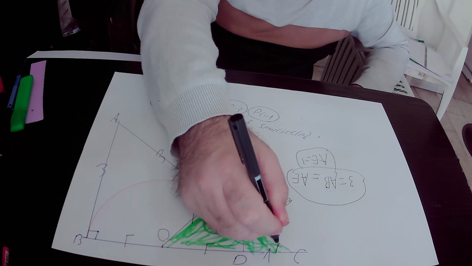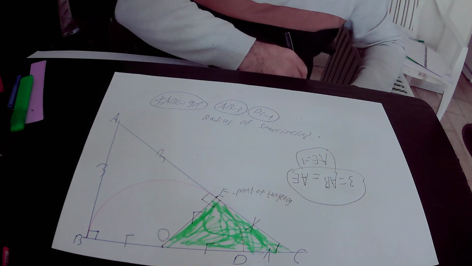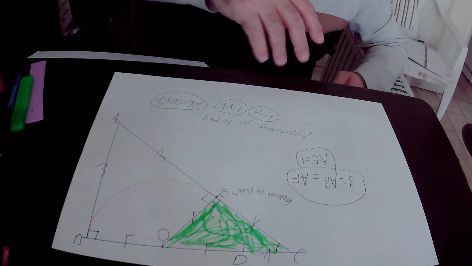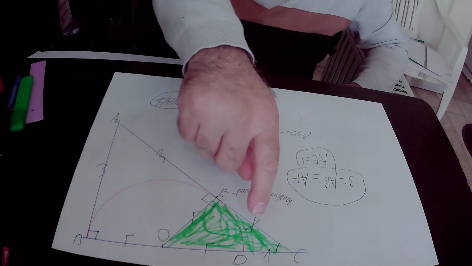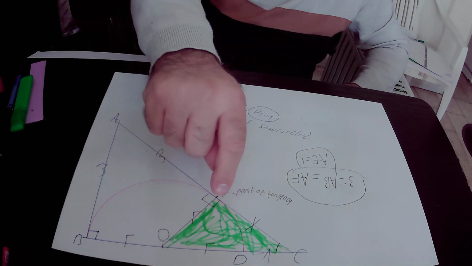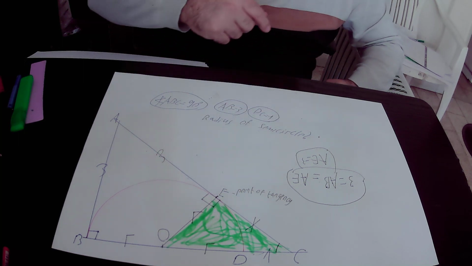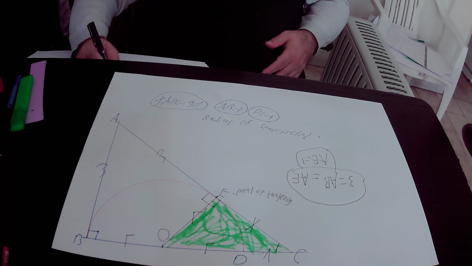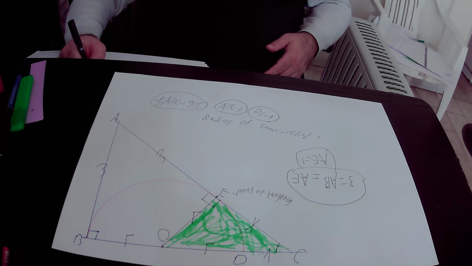This angle is a common angle. It belongs to both triangles, to the big triangle, triangle ABC, and angle C also belongs to the small green triangle, triangle OEC. So we can write down that angle C equals angle C, a common angle that belongs to both triangles.